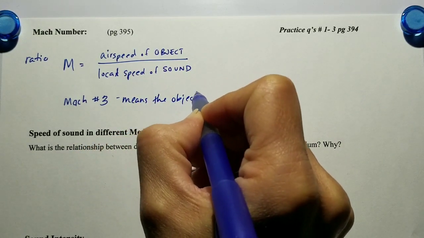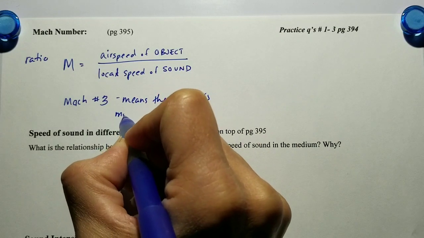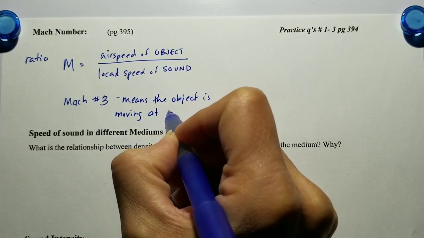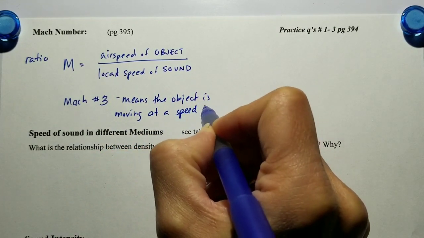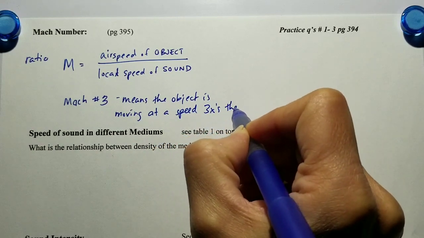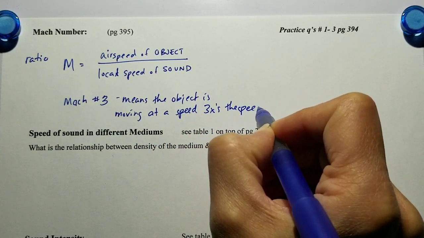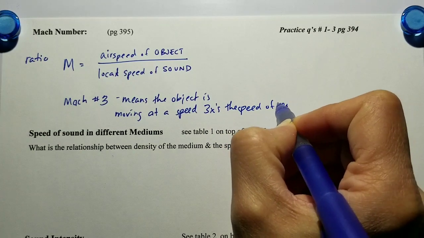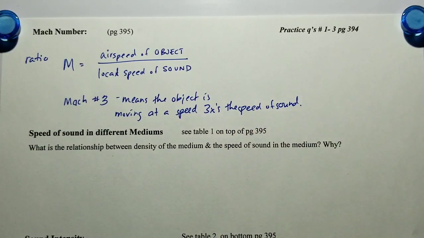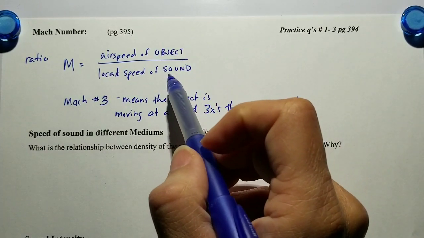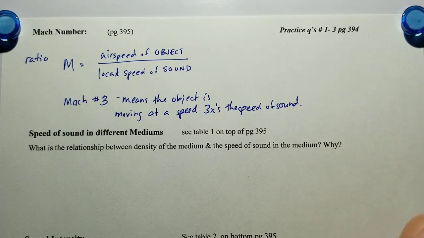It means the object is moving at a speed 3 times the speed of sound. Mach 2 means twice. Mach 1 means 1, and if it was half a Mach, then you'd be going less than the speed of sound.